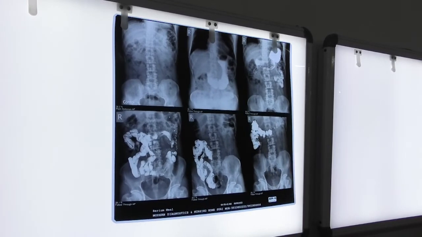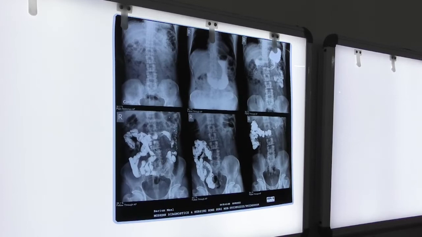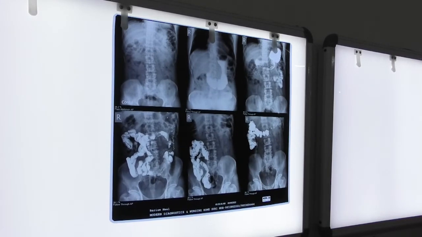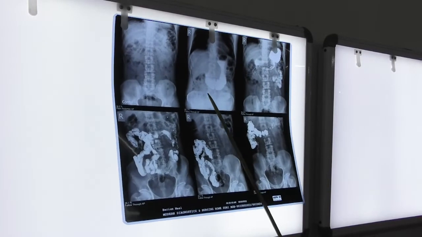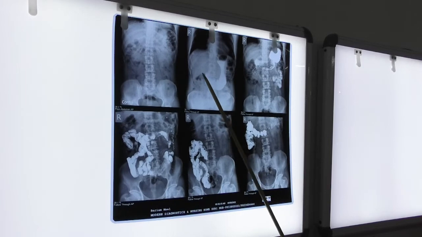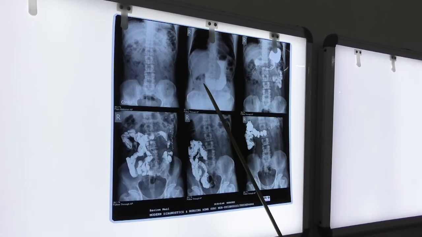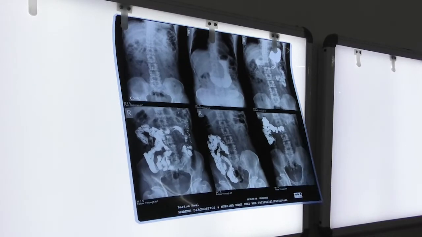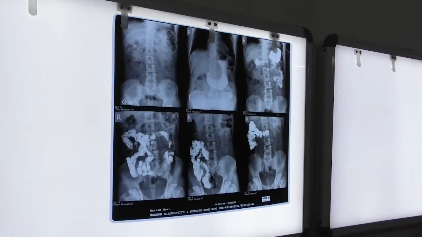In case of peptic ulceration, a duodenal ulcer, or if there is a malignant growth over the duodenum, this triangular shadow will get distorted.